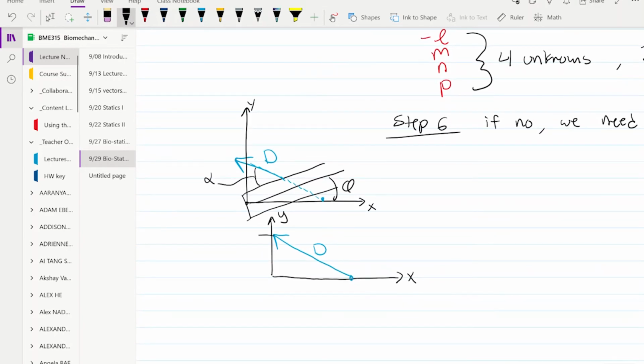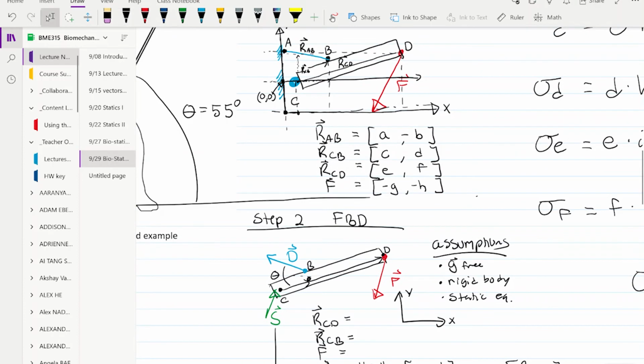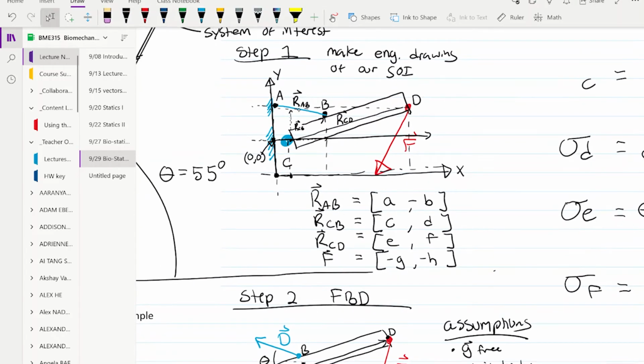But what we really care about is this angle right there. We can call that gamma. And we can get gamma because remember how we described this whole thing. It's all these vector A to B, right? And we described it in the XY coordinate system with this A and negative B deal.